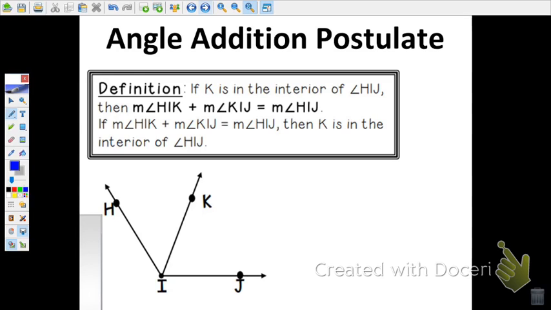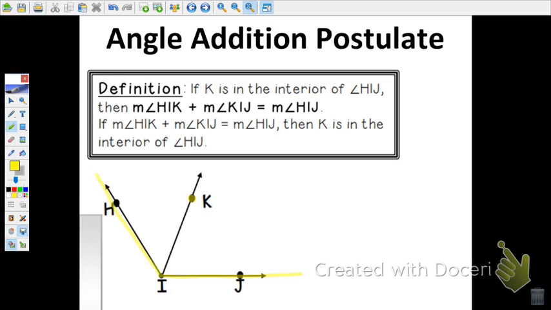It says if K is in the interior of angle HIJ. So I've got this big angle HIJ, and I've got this point K that is inside, in the interior.